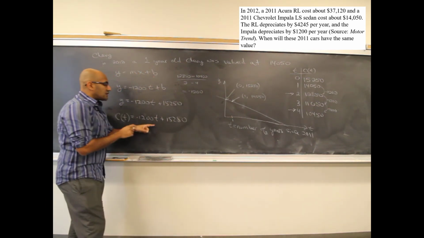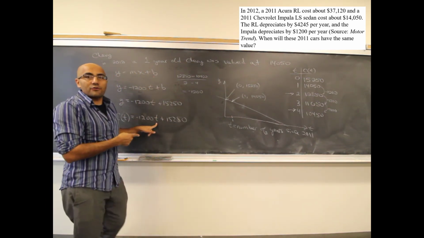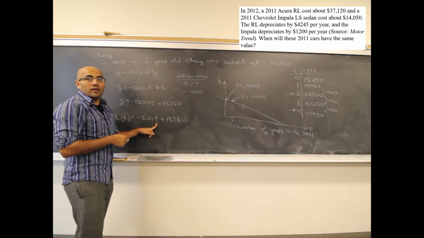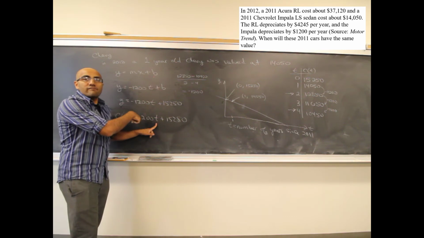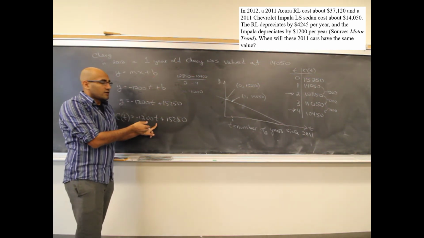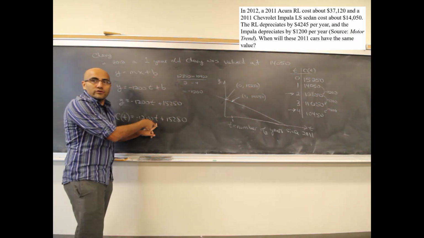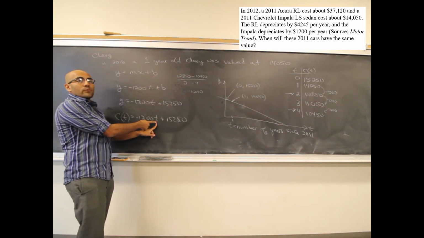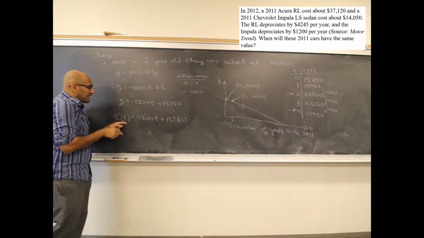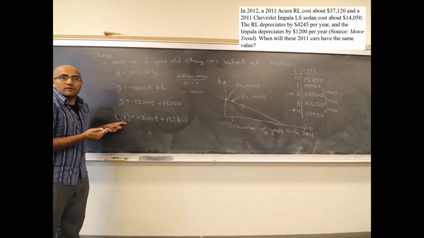Okay, so this is an equation that models the value of a 2011 Chevrolet Impala, where t is the number of years after 2011. In other words, it's how old the car is. So when it's 1 year old, 2 years old, 3 years old, we input the number of years, how old it is, and boom, we tabulate it, and the answer will be the value of the car. Good?